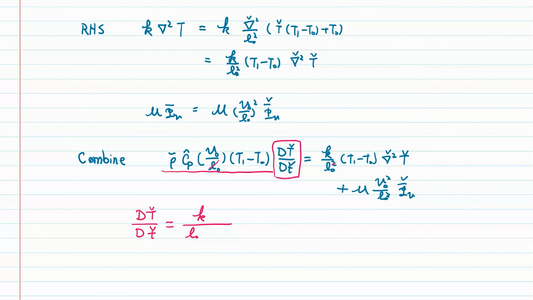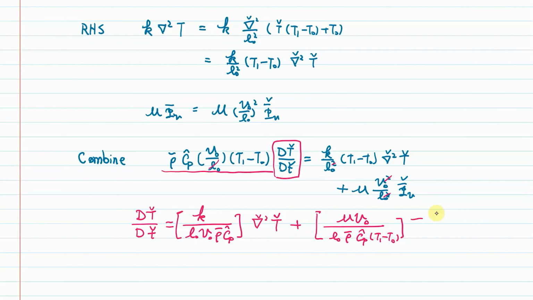L naught, we have V naught rho Cp times the dimensionless Laplacian of the dimensionless temperature plus mu V naught canceling out once, and also L naught canceling out once. So we have L naught rho Cp T1 minus T naught times the dimensionless shear stress tensor.